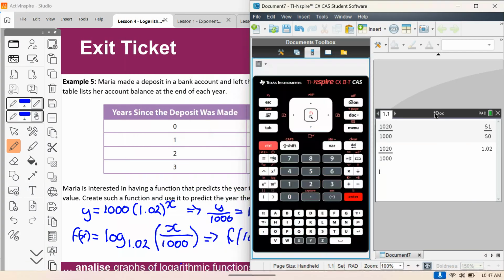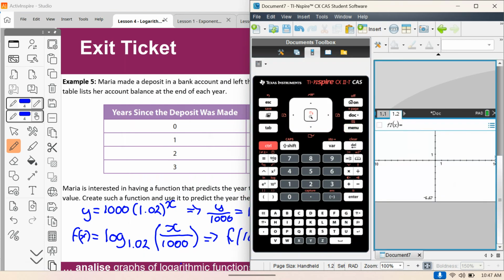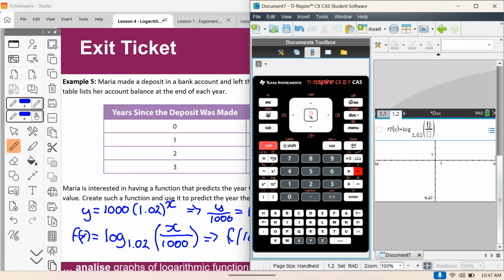So on our graphing calculator, I'm just going to add a page. Control, add page, add a graph page. I want logarithm base 1.02 of, control divide, x over 1000.